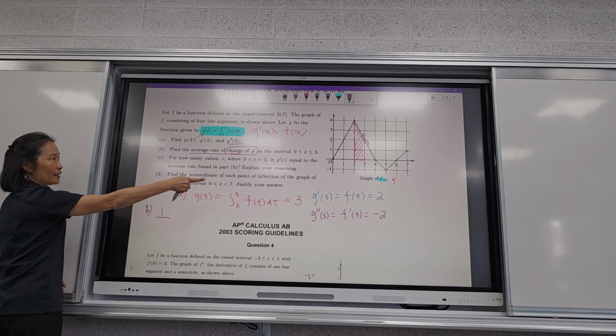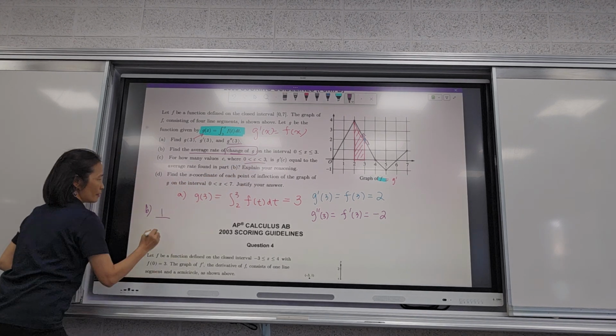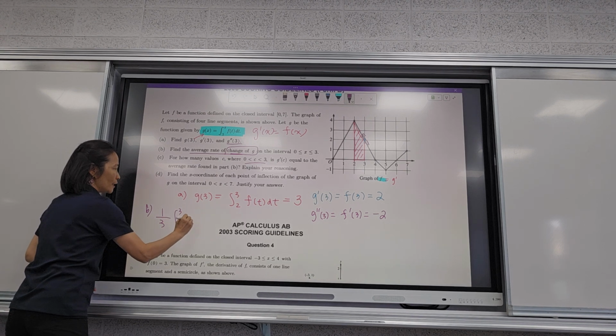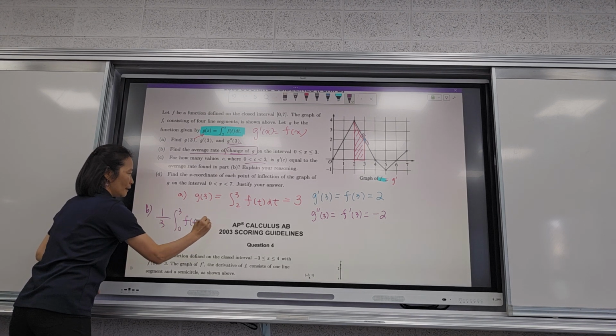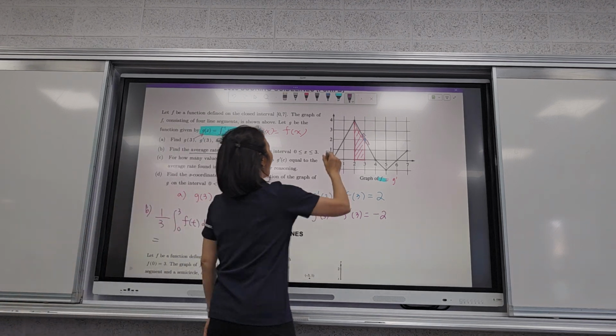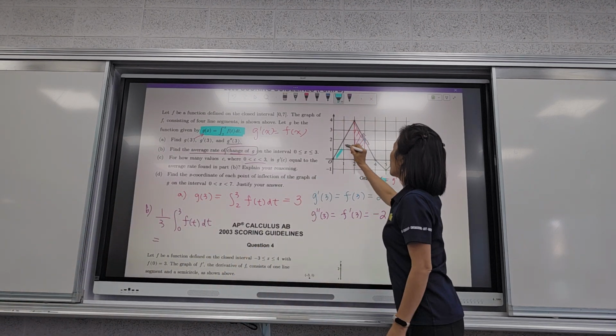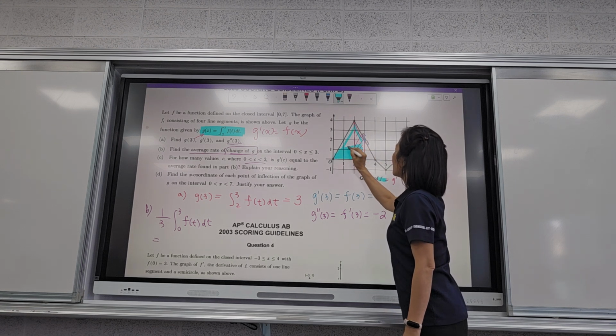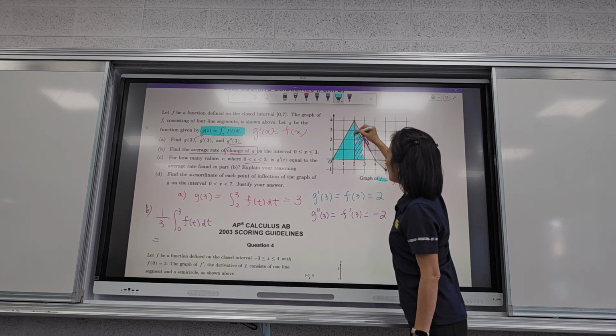1 over b minus a, which is 3, times the integral from 0 to 3 of f of t dt. How do you find that? Well, what is the total area from 0 to 3? Total net change.